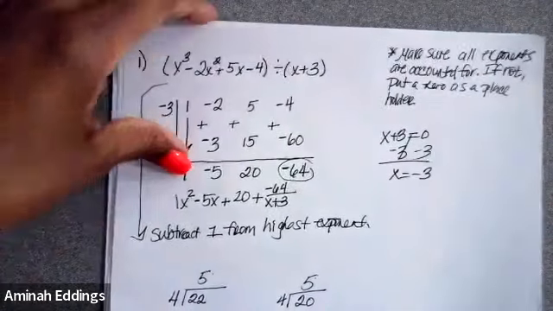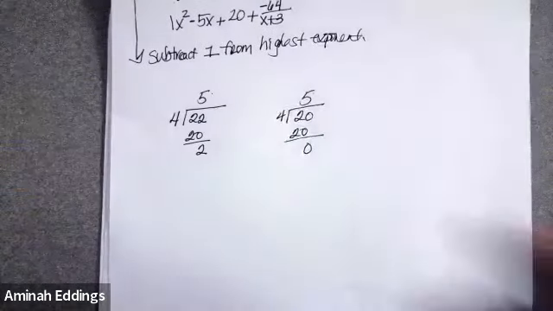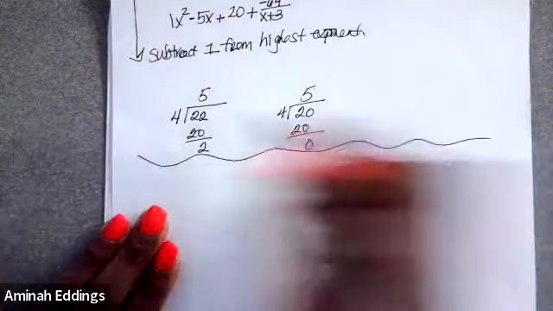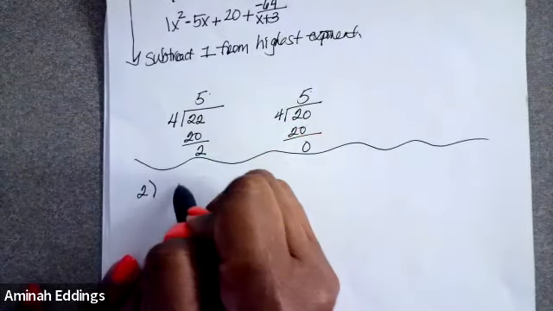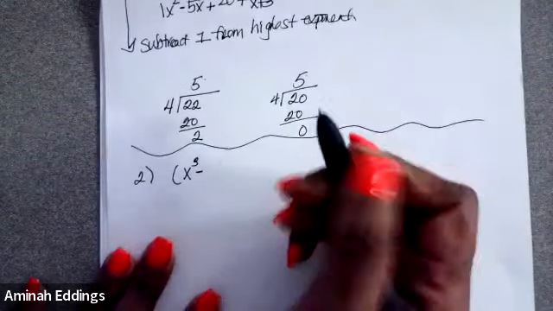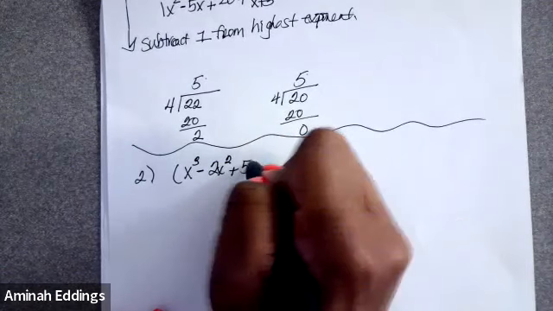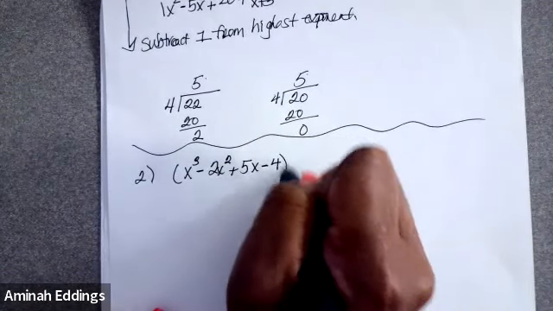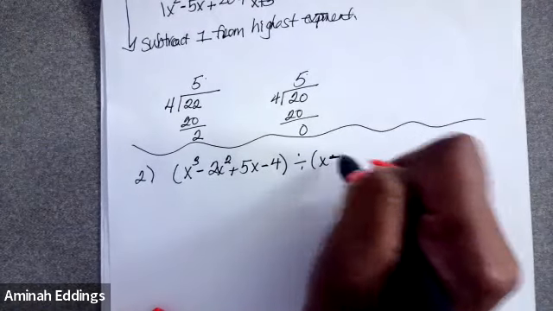All right. Let's look at another one. All right, so example 2, we have x cubed minus 2x squared plus 5x minus 4 divided by x minus 1.